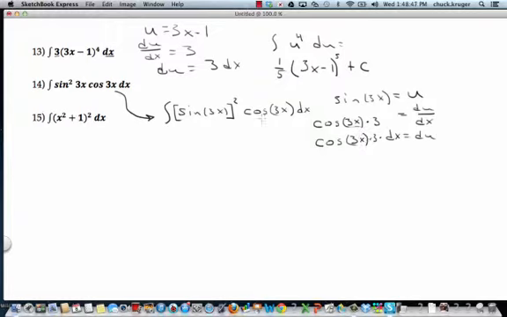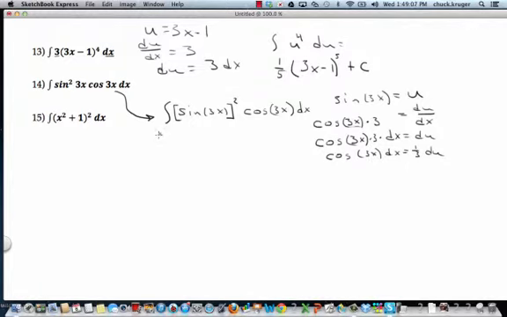But I don't have a 3 here. I have the cosine of 3x. So what I'm going to do is I'm going to say the cosine of 3x dx is equal to 1/3 du. Alright? So now I'm going to get it to look like what it needs to look like.